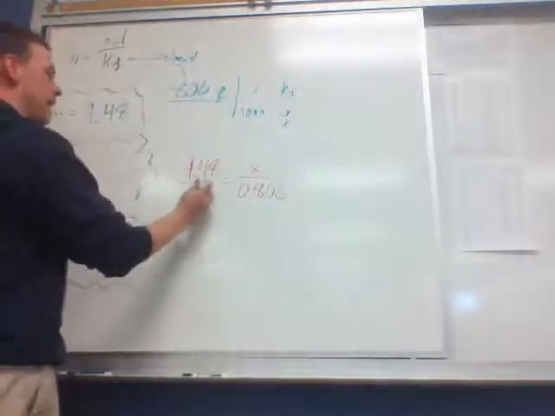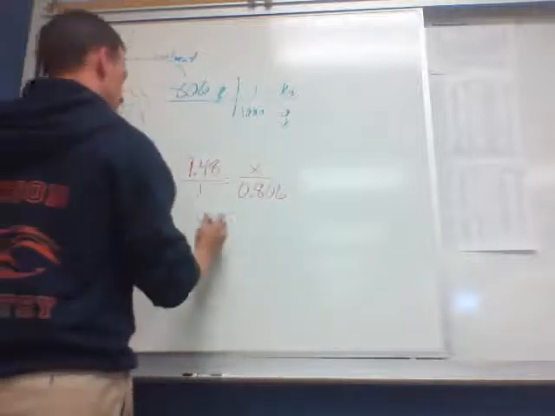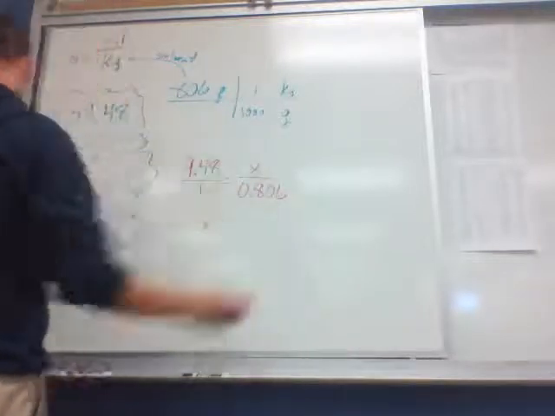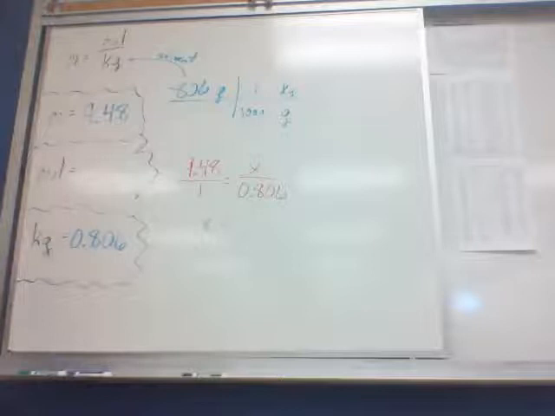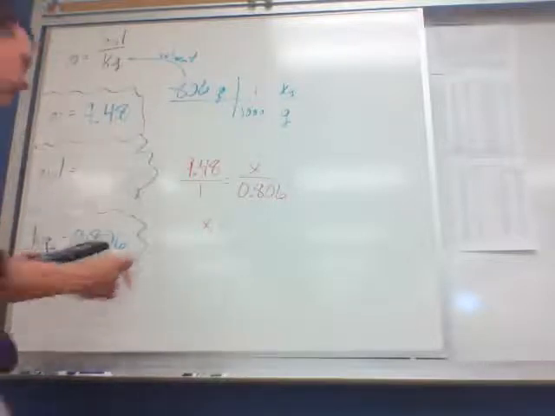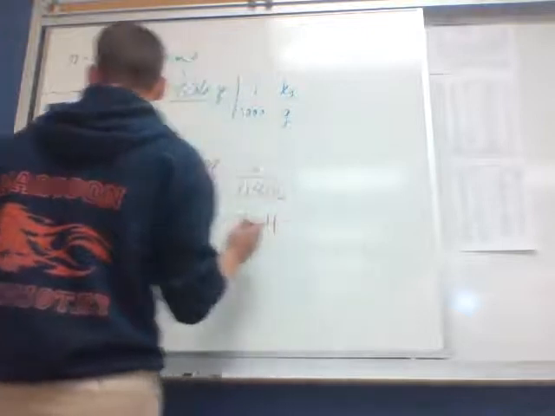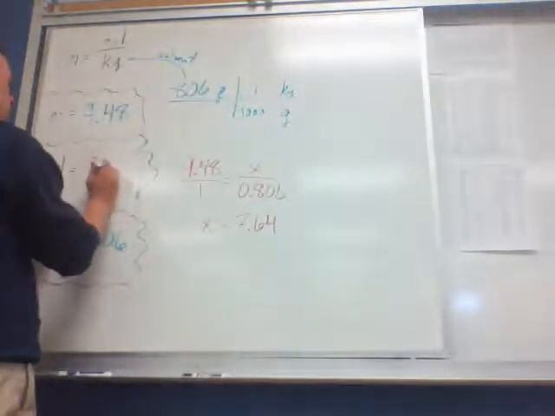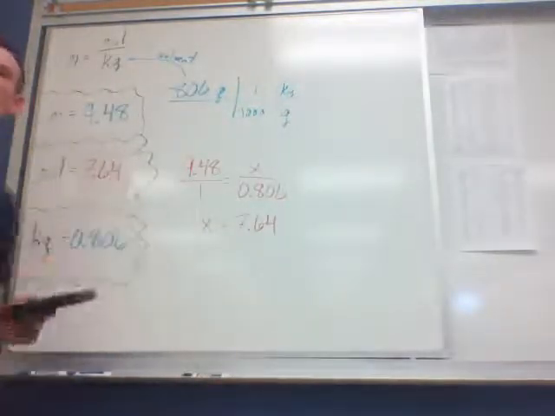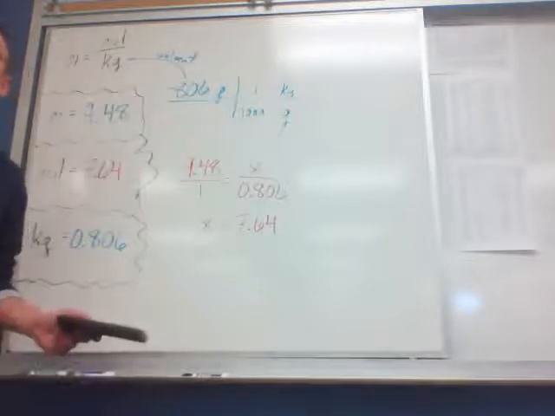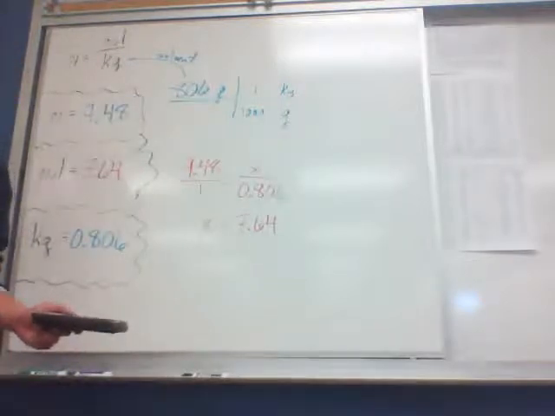I like to cross multiply to say x equals. We go the other way, 9.48 times 0.806, and I get 7.64. Now, that is my mole count. If the problem was asking for moles, and sometimes it will, you'd be done.